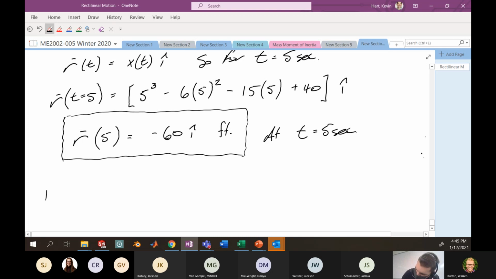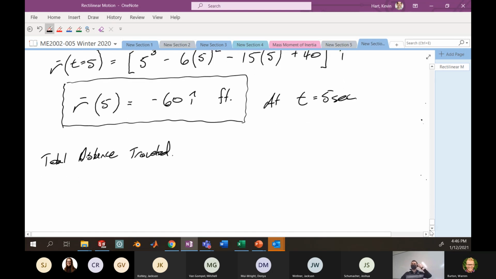But now, total distance traveled. Okay. So position is easy. It is just whatever it is at that particular time. But the distance is how far you went from where you started. So in this particular situation, we have some position that we're interested in and some starting position.